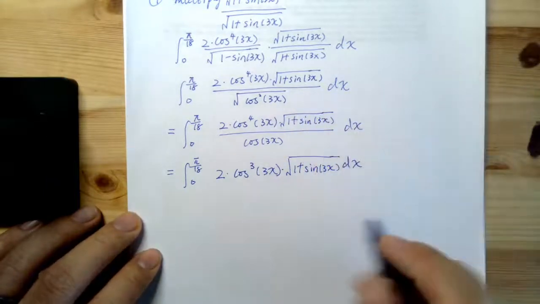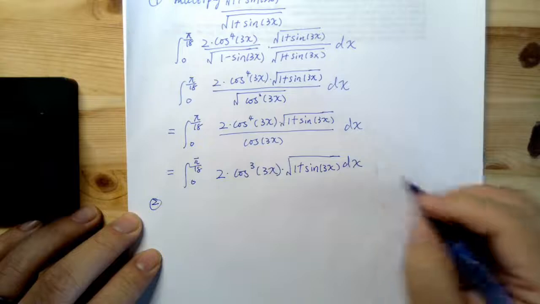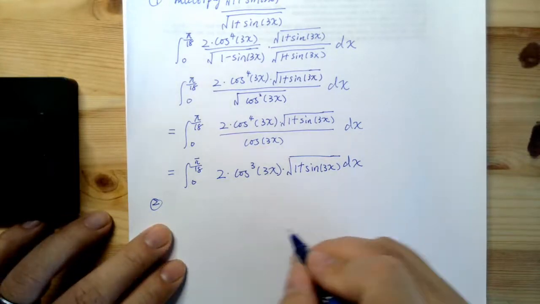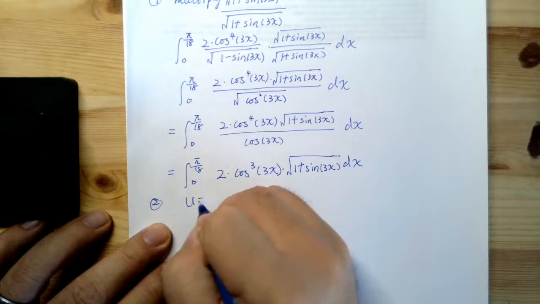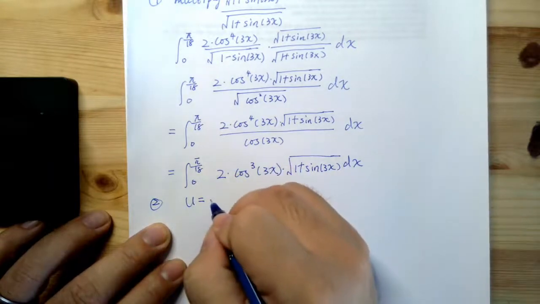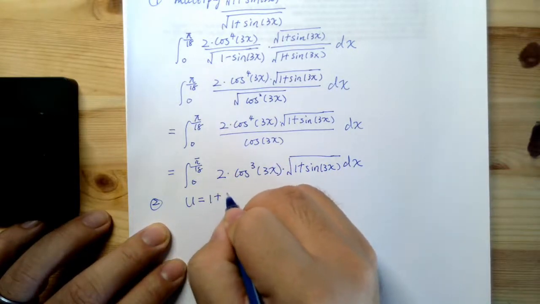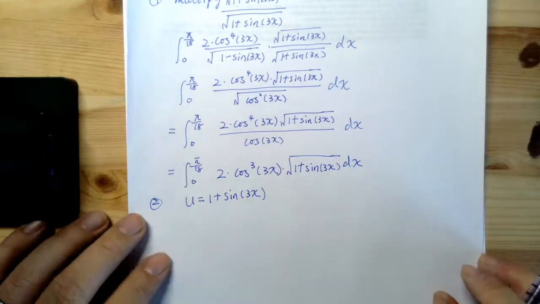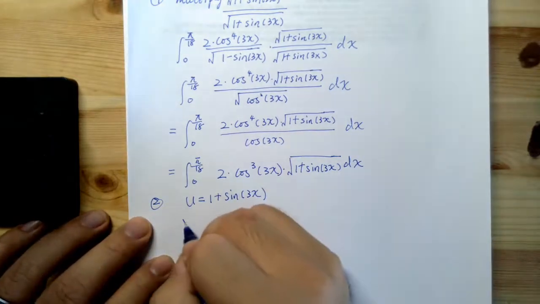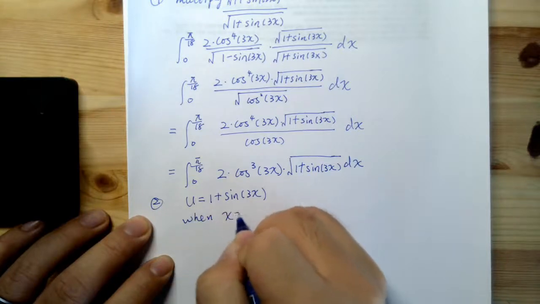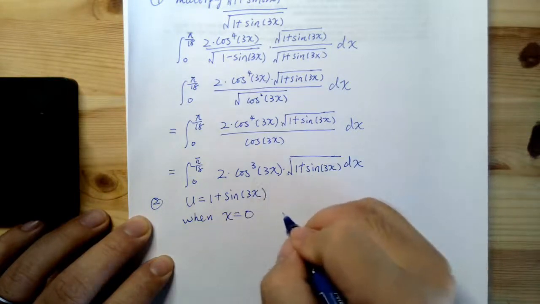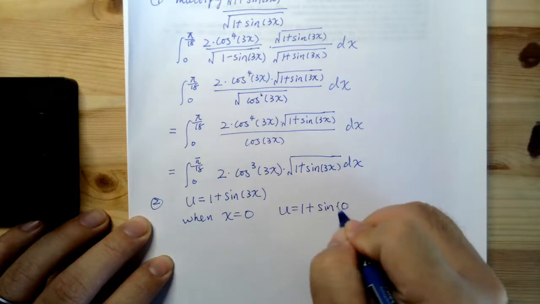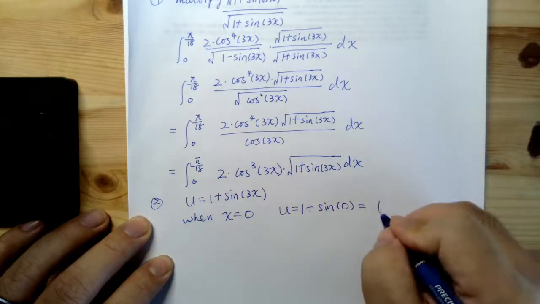Step 2, okay, we're going to apply a u substitution. So for here, we're going to set our u equals 1 plus sine 3x. Correspondingly, when x is 0, u equals 1 plus sine of 0, which is 1.